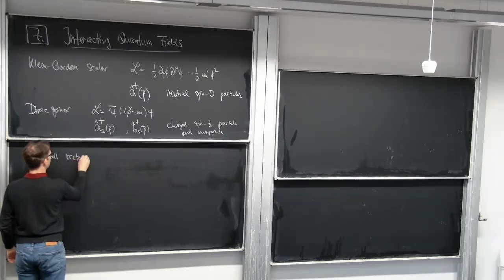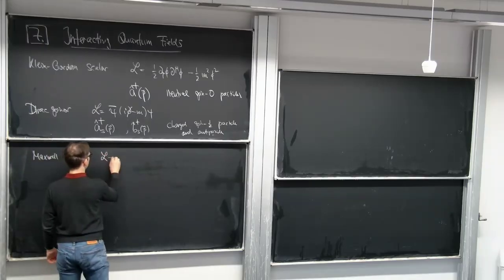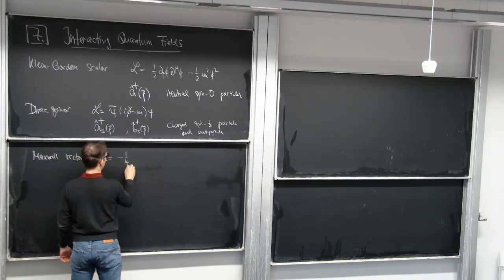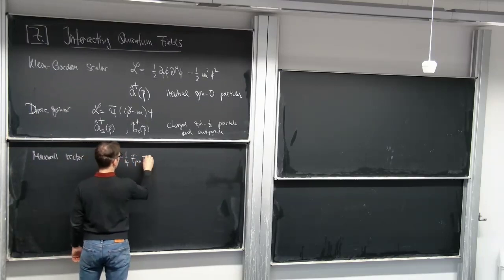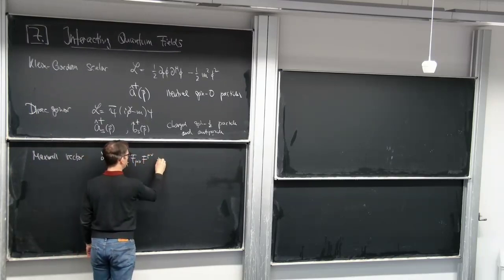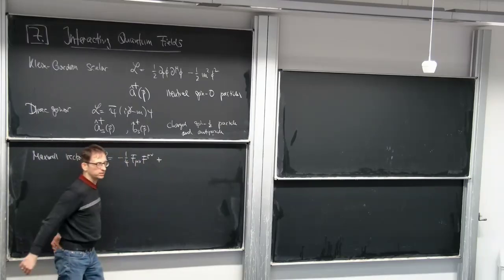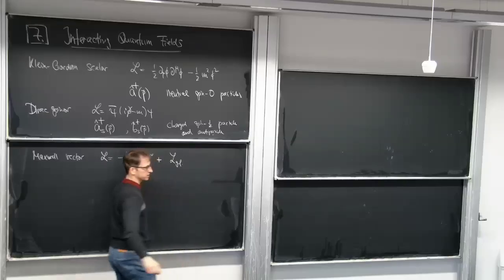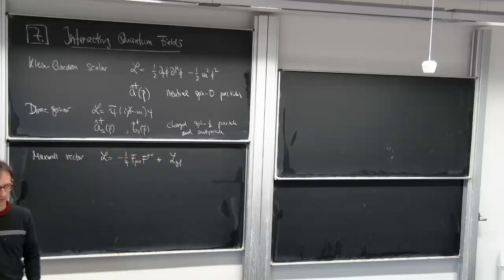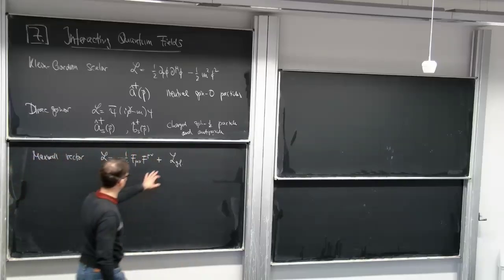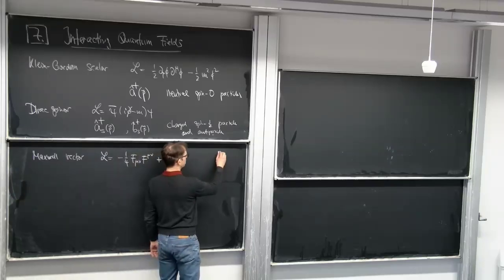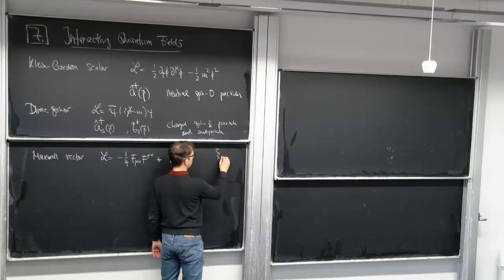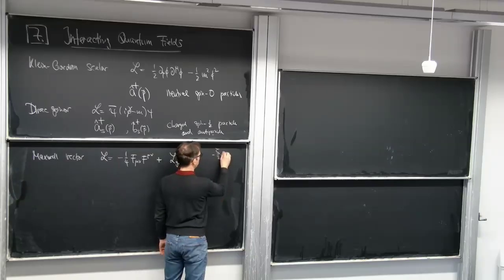And then we have the Maxwell vector field that we just discussed, and this is L. It's minus a quarter F_μν F^μν, and then plus all the story that we added, and I call it gauge fixing. We picked a certain specific one. What we picked was a constant, in fact the constant is set to 1, and then (∂_μ A^μ)².